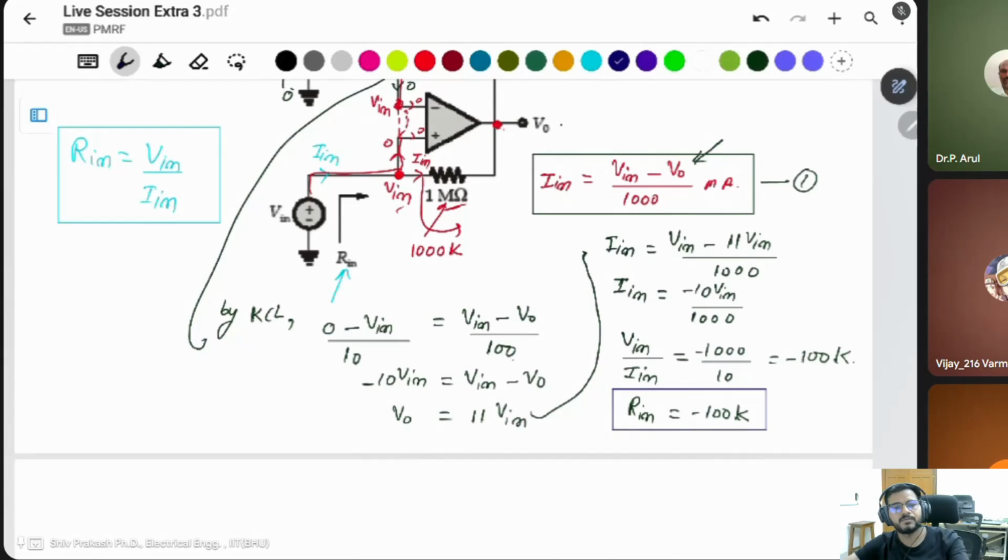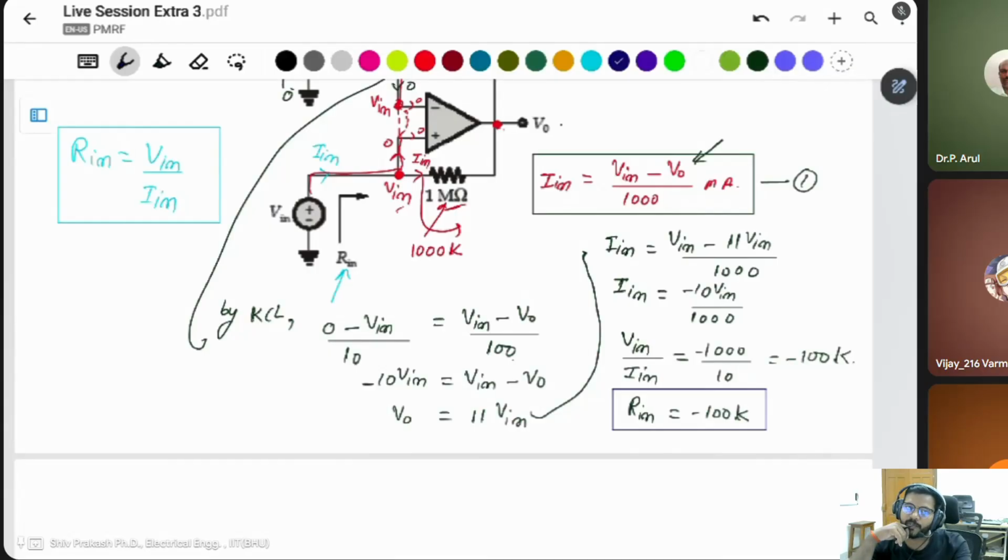But resistance is always a scalar, no, sir? Why do we put the minus? Yes, resistance is always positive, but in this condition you can say the amount of current is amplified, because there is an op-amp.